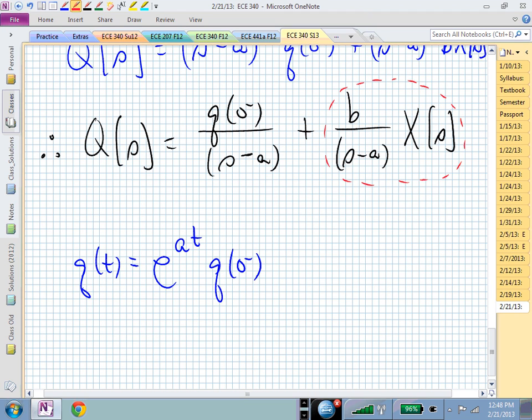This now becomes this, so this multiplication in the frequency domain gives rise to convolution in the time domain.